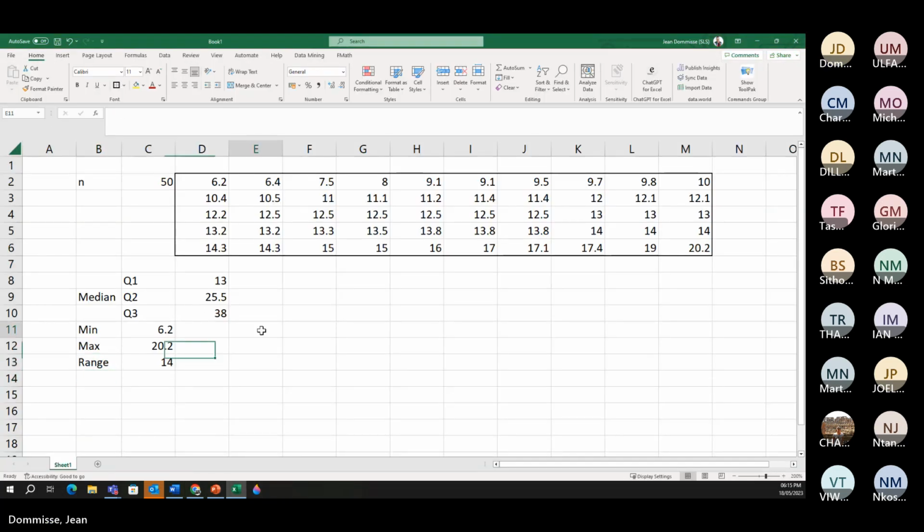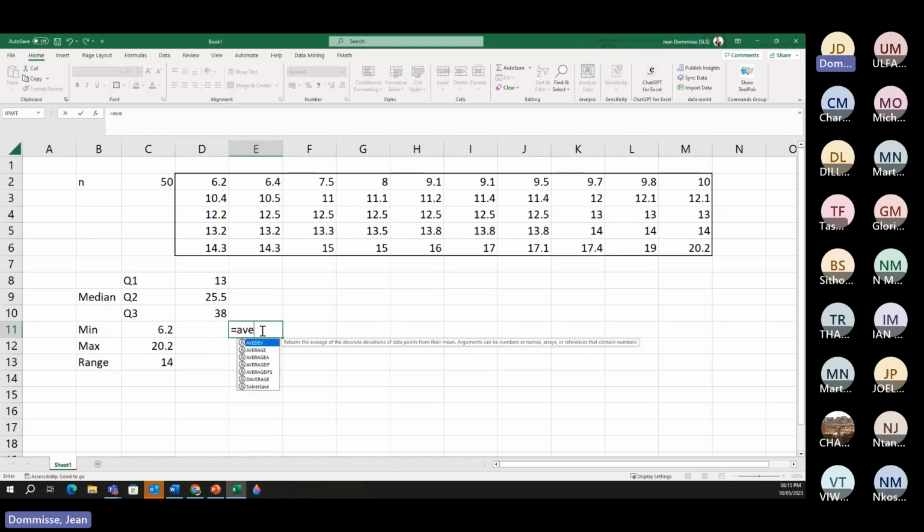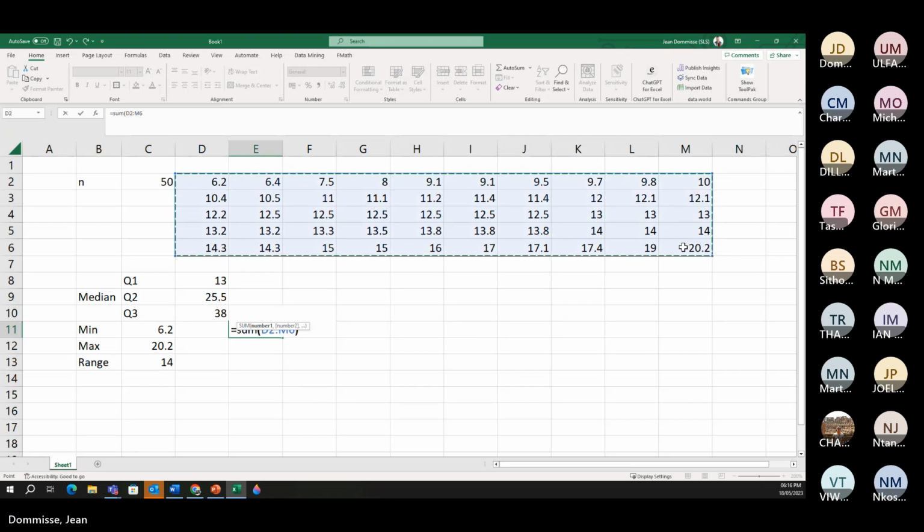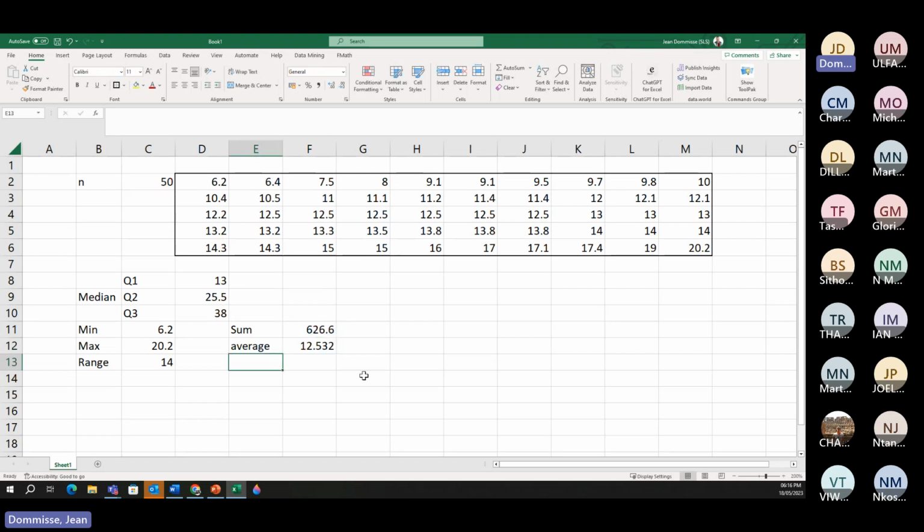So let's work that out as well. Let's first work out what is the sum of all of these. The sum was 626.6, like they told us. We know there is 50, so the average is basically that sum divided by the 50.